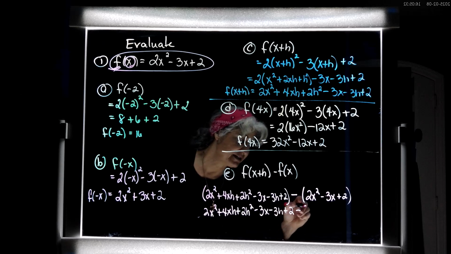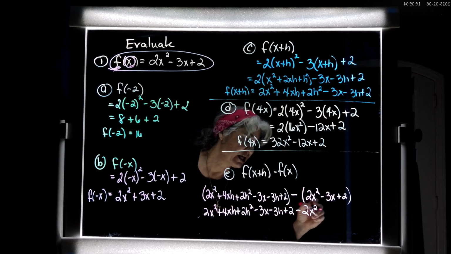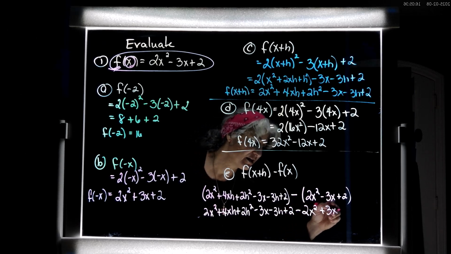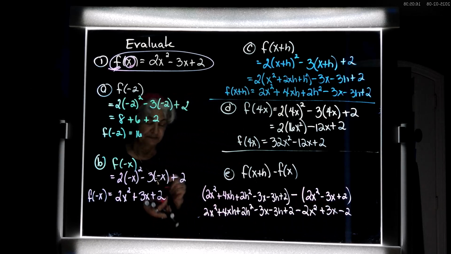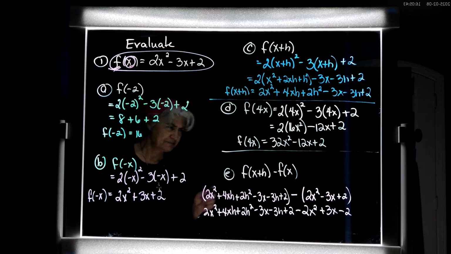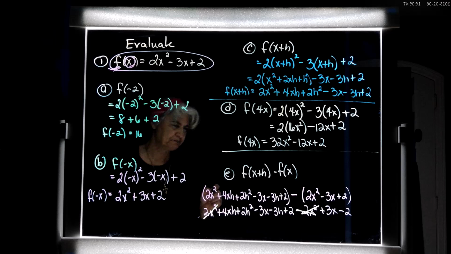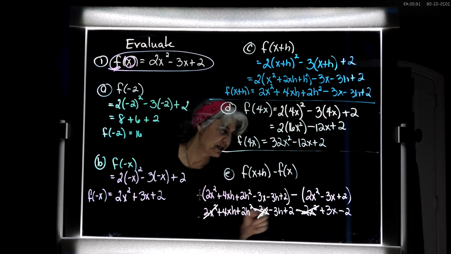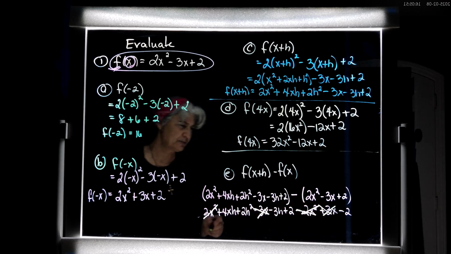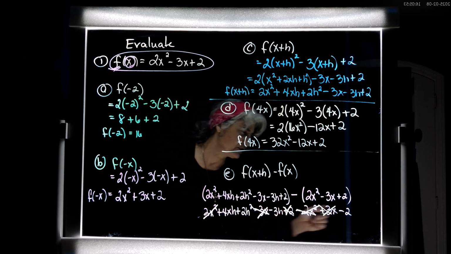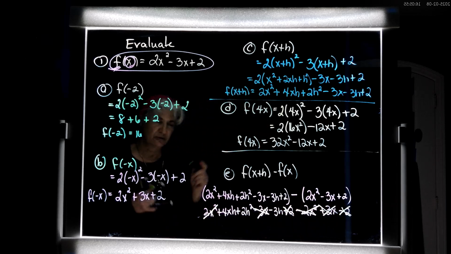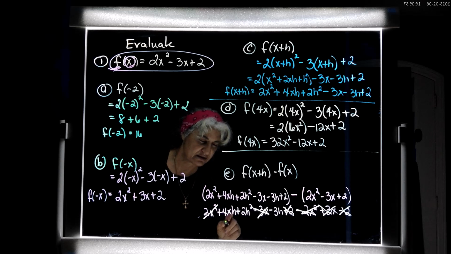Okay, minus 2x squared plus 3x minus 2. All right. Can I combine anything? Yeah, it looks like the 2x squareds are going to drop, right? Looks like the minus 3x and the positive 3x drop. Looks like the plus 2 and the minus 2 drop. So let's write what remains.